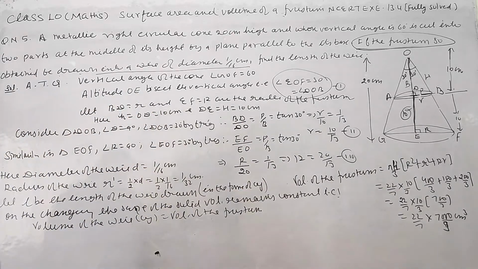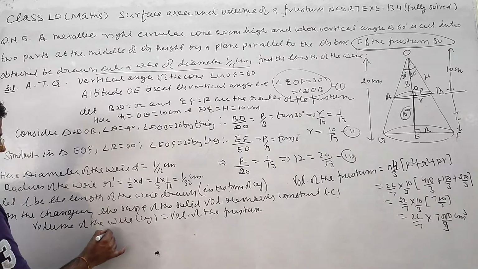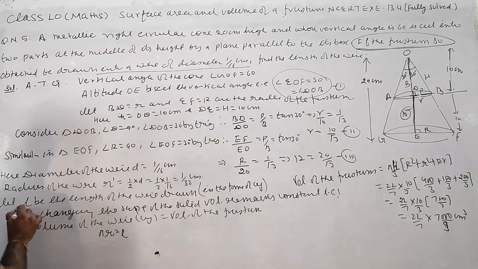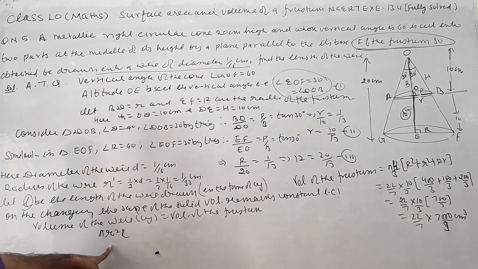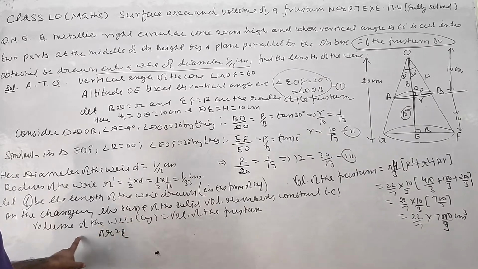Clear? Now we use the formula for the volume of a cylinder, pi r1 square h. Here h we are taking as L, the length of the wire. So pi r1 square L is the volume of the cylindrical wire, correct?